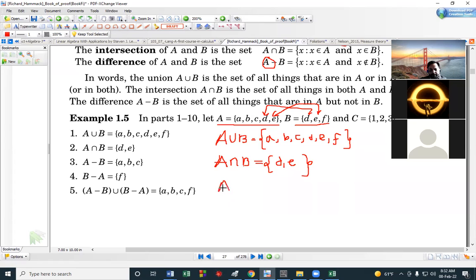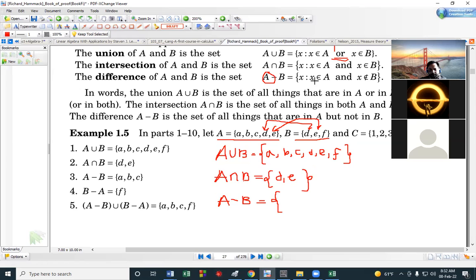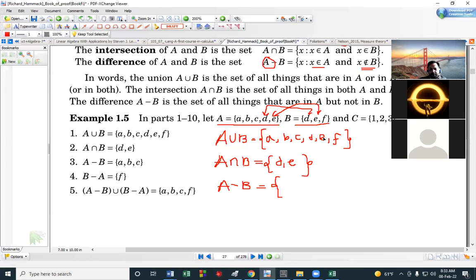How about A minus B, or the difference of A and B in this order? We said it is the set of the elements of A that are not in B. The same X which is in A is not in B. So do you think A goes in A minus B?